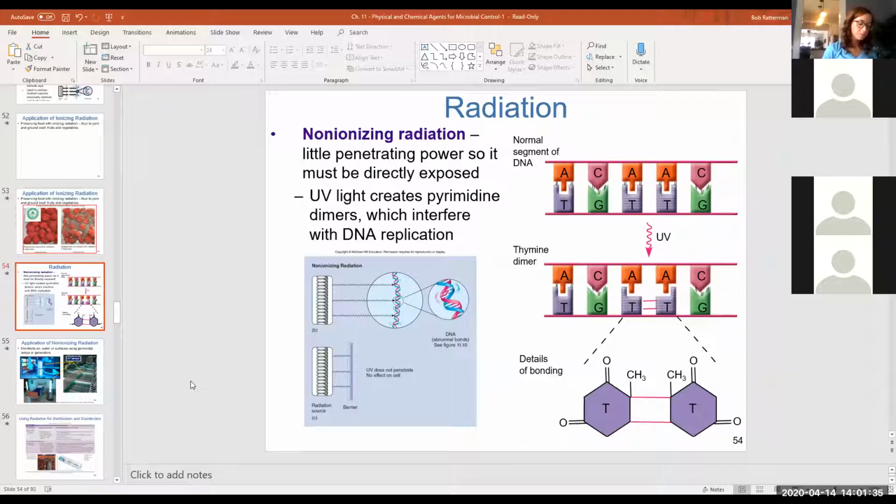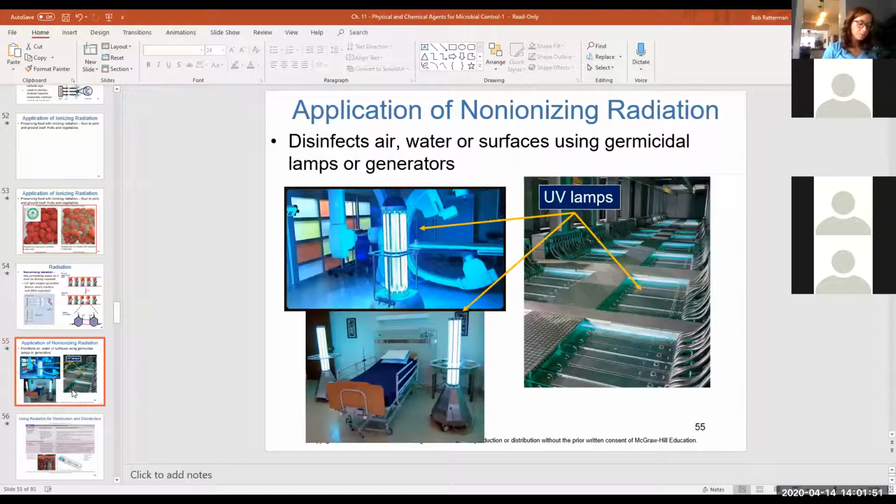And lastly, this talks a little bit more about how UV can be effective in sometimes treating municipal water systems, where they run the water across UV lamps.